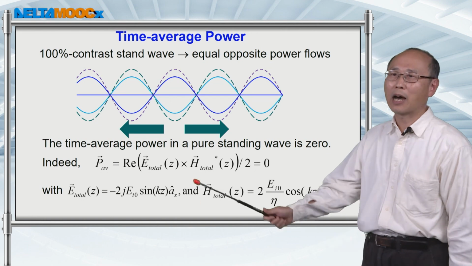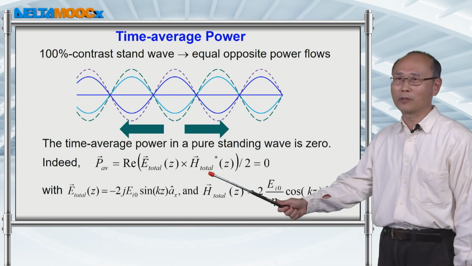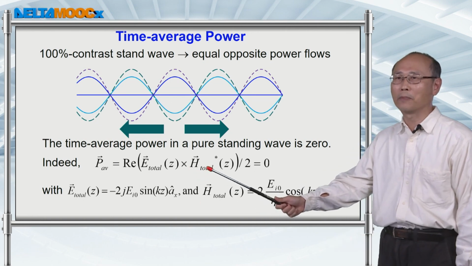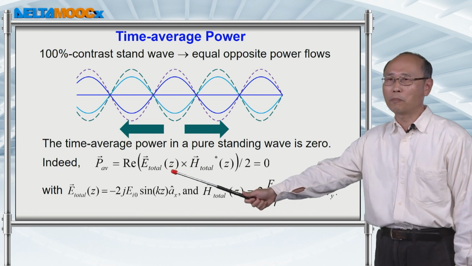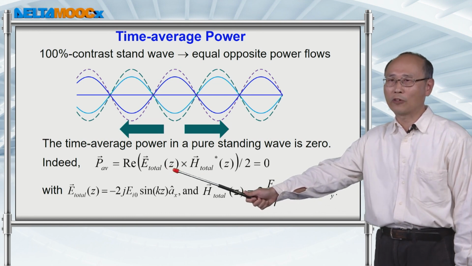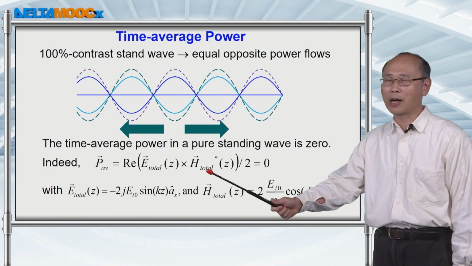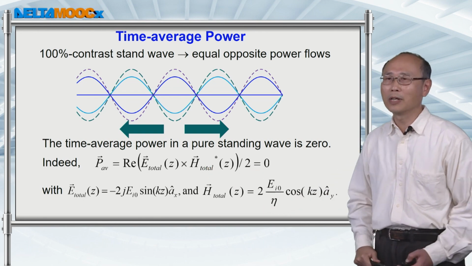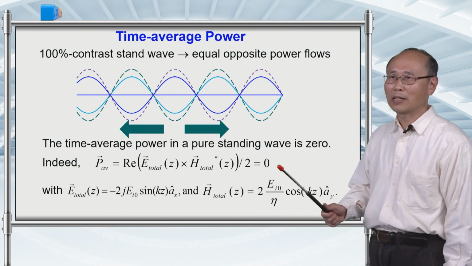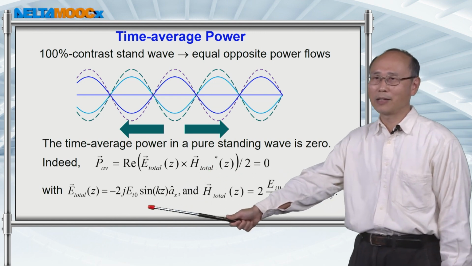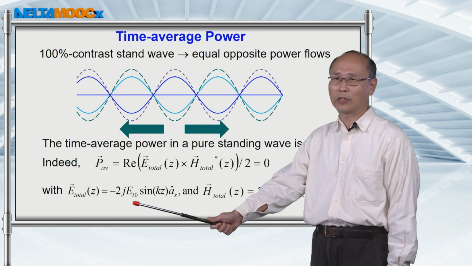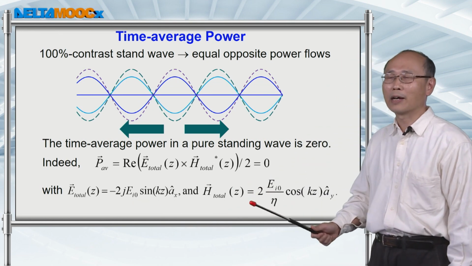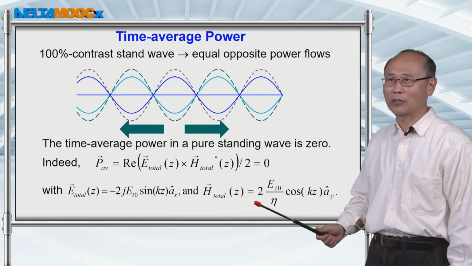And indeed, if you pick up this formula to calculate the time average power, which is the real part of the electric field phasor multiplied by the complex conjugate of the magnetic field phasor, divided by 2, you'll be getting nothing, because the phasor expression for the electric field is here, and the phasor expression for the magnetic field is here.